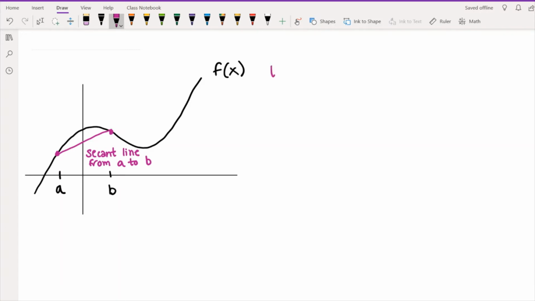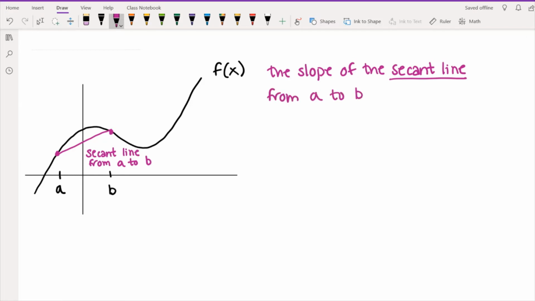So the slope of the secant line from x equals A to x equals B is f of B minus f of A over B minus A. So this might look familiar to you from pre-calculus, because this is the average rate of change formula.